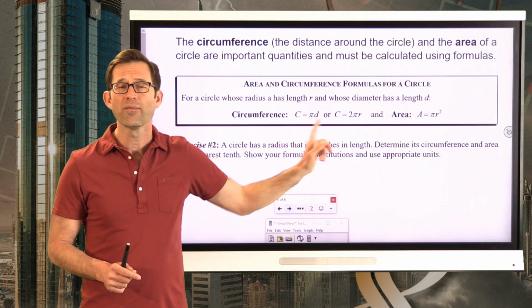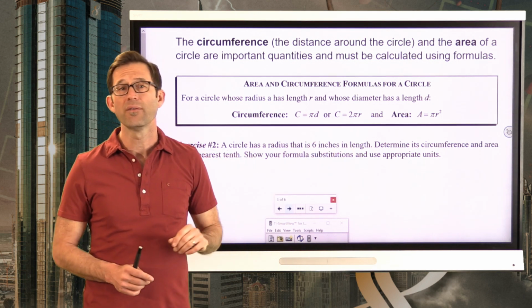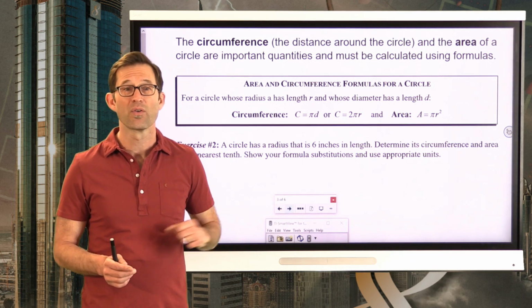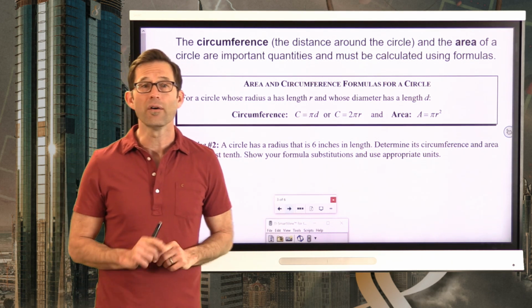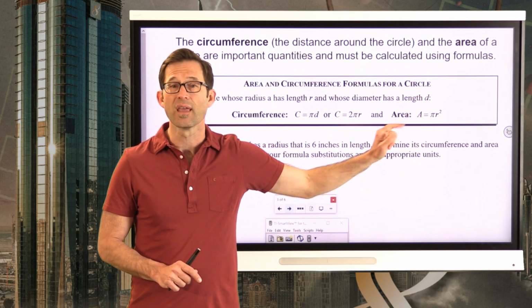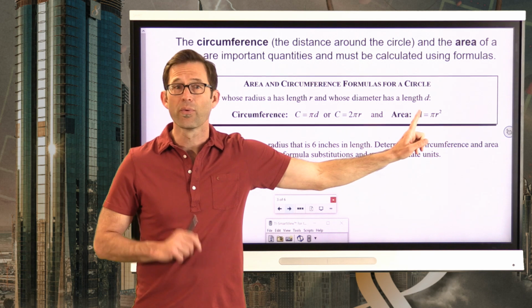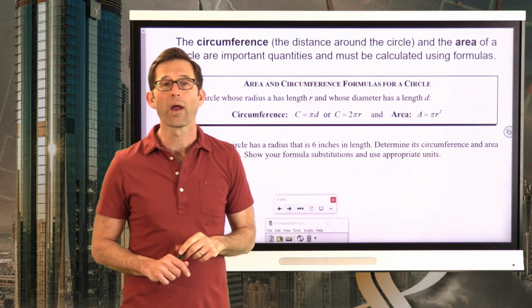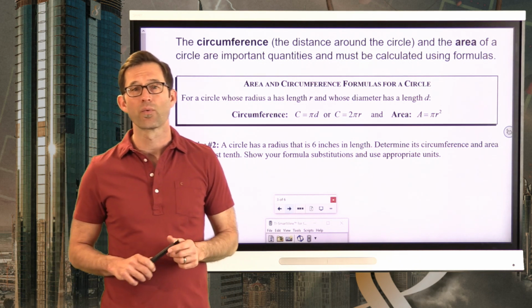Which one of these you use is really up to whether or not the problem gives you the diameter or the radius. Now, the area formula of a circle is almost exclusively given in terms of the radius. The area is just pi, 3.1415, etc., times the square of the radius.